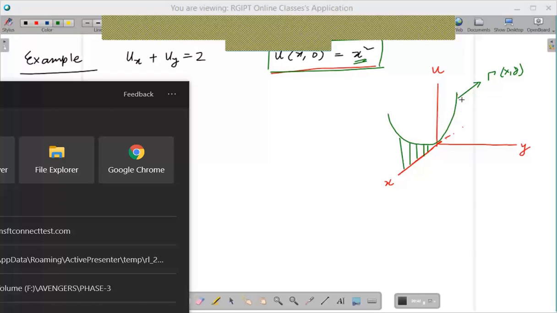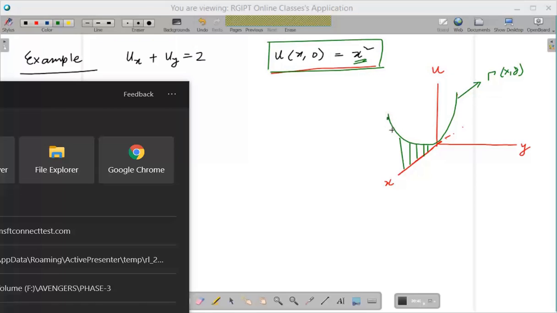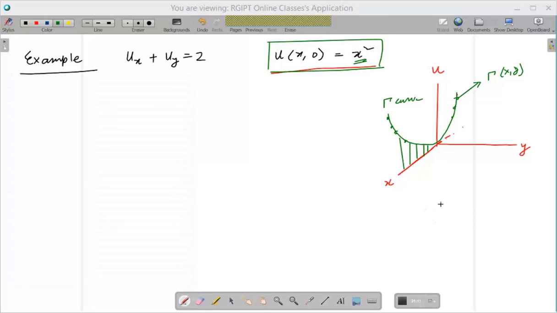So essentially, from each point on these gamma curves, you're going to solve. The x-axis is not a gamma curve. This green curve is a gamma curve. Gamma curve is specified over a certain curve in the xy plane, and you identify some curve in the xy plane over which you specify the u values.